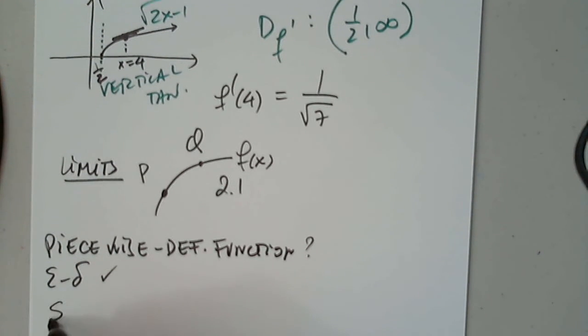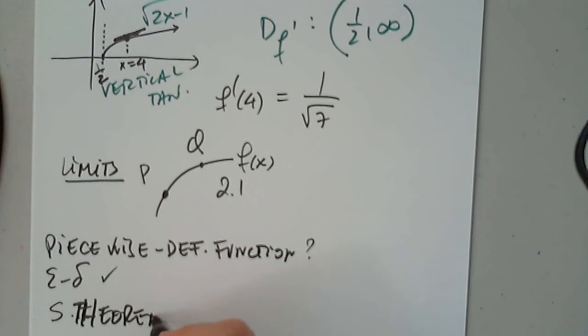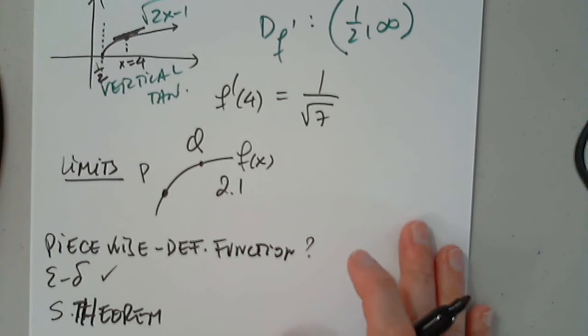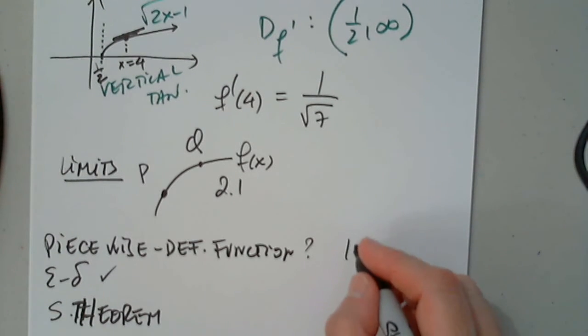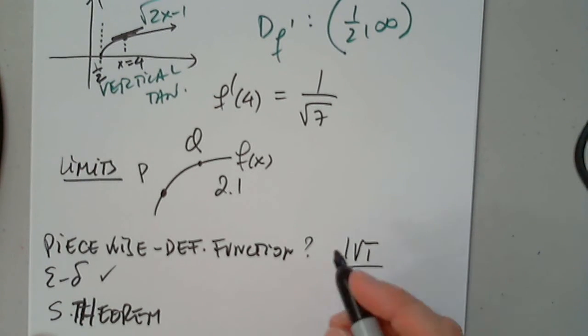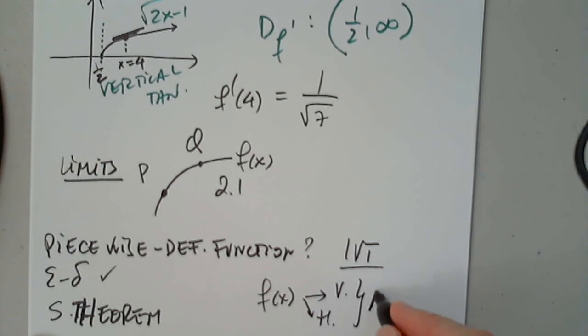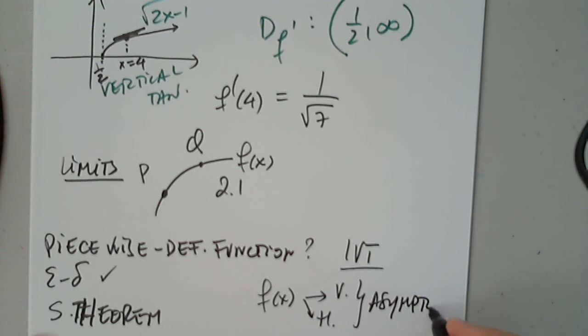The squeeze theorem. IVT, I think we had enough, but it doesn't matter. I want us to look at an example of a function with vertical and horizontal asymptotes and identify those.